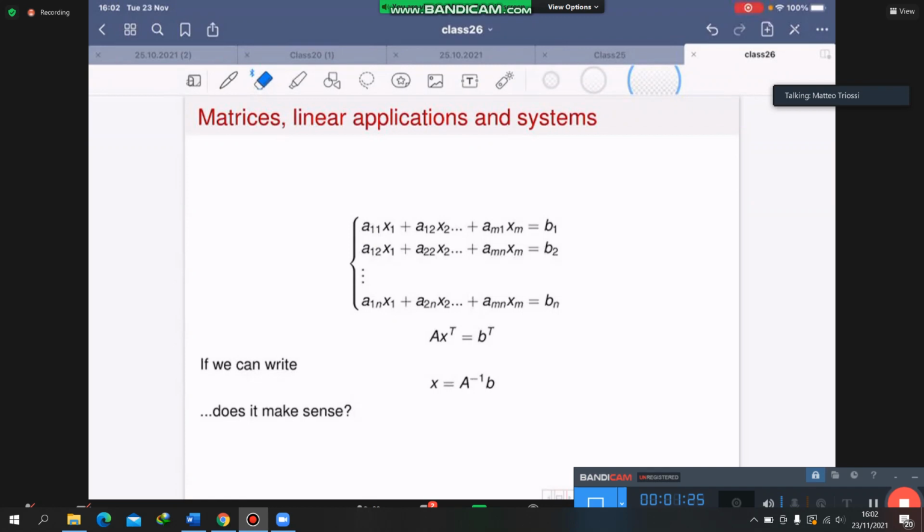So what we are trying to do here is find a way to find this vector x, this vector of the coefficients of this x t, satisfying the system.